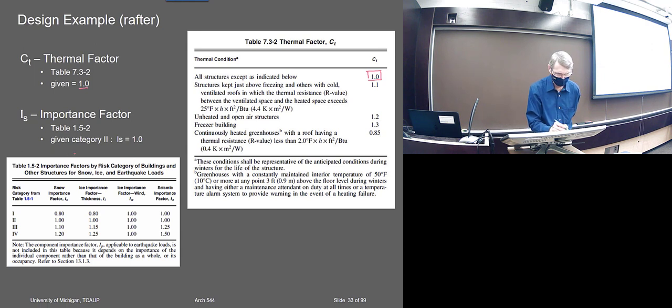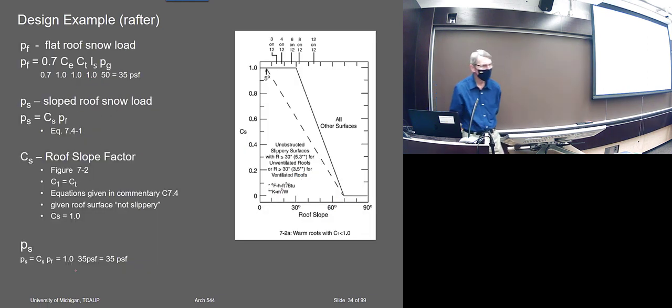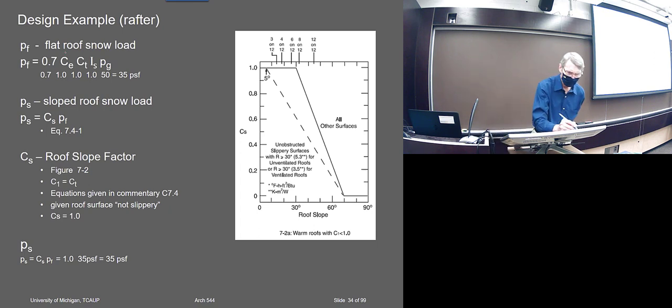And the importance factor, that would be for snow, that would be this, and we're going to take category 2. Alright, so there's our importance factor. So it looks like we got 1 for that, we've got 1 for that, I think we've had 1 for everything, huh?